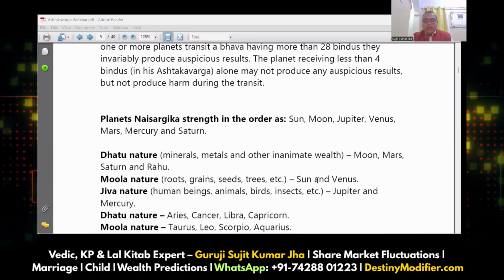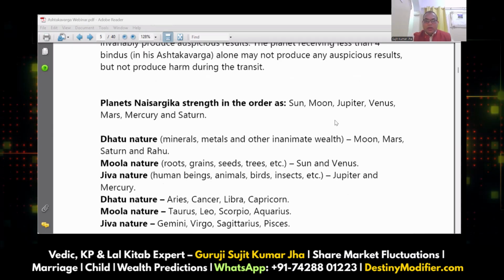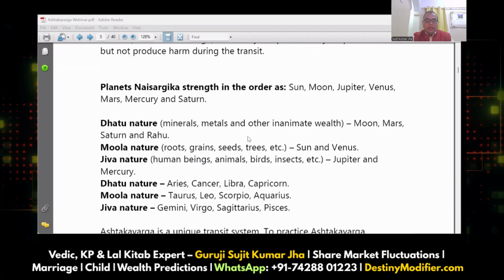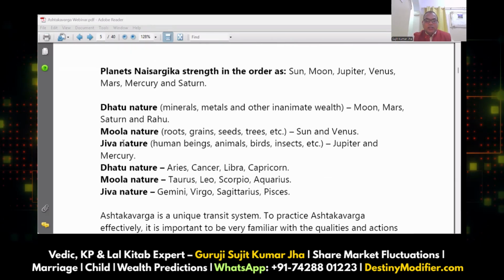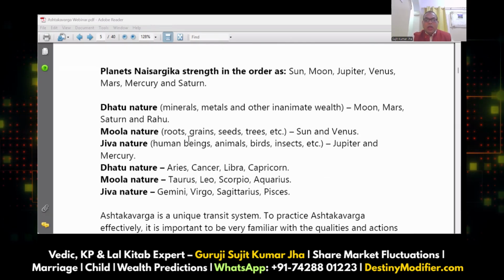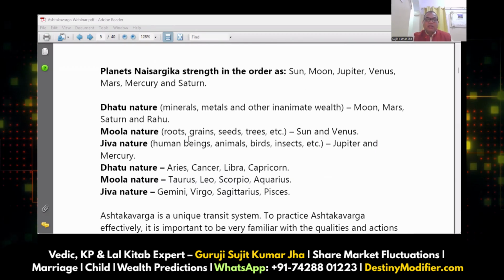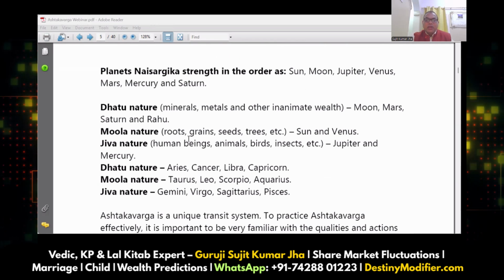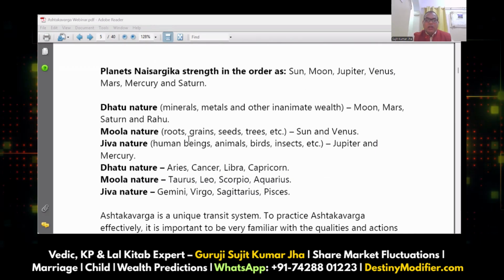The Naisargik strength of the planets is in the order Sun, Moon, Jupiter, Venus, Mars, Mercury, and Saturn. Then we have to consider the Dhatu nature, Mula nature, and Jiva nature. Why? To keep the items according to the direction of the sign. That direction we decide based on the Bindu, the points given in a sign.